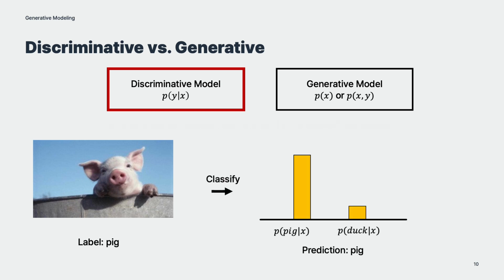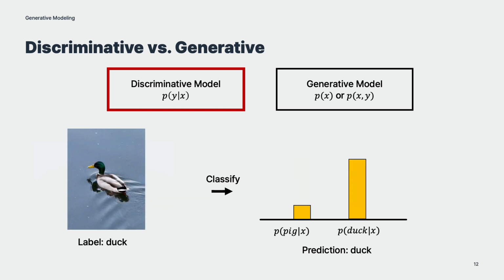Given x, we can compute the conditional probability of each possible label. For example, if we have two classes, pig and dog, the model can classify the image as the one with the higher probability. In this case, if we integrate over y, the result is 1. Similarly, for the dog class, the model can predict its probability in the same way.